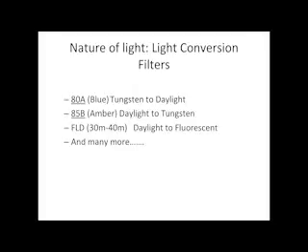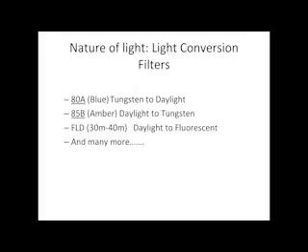Now remember, the opposite of green is magenta. So if I wanted to get rid of that institutional green, I'd have to add magenta. So that FLD filter that takes fluorescent lights and matches it to daylight is a 30 or 40 magenta.